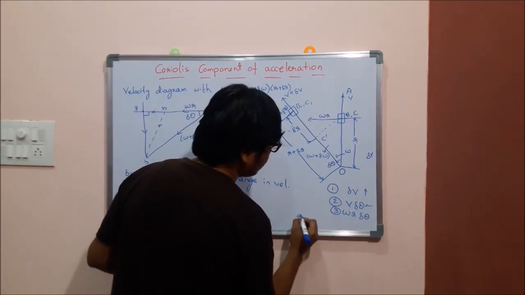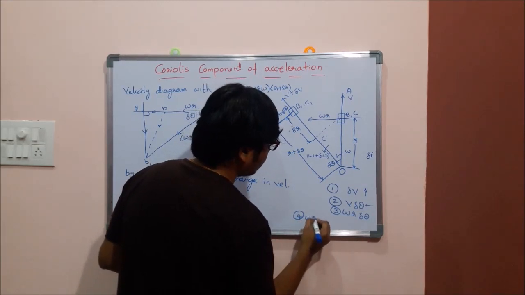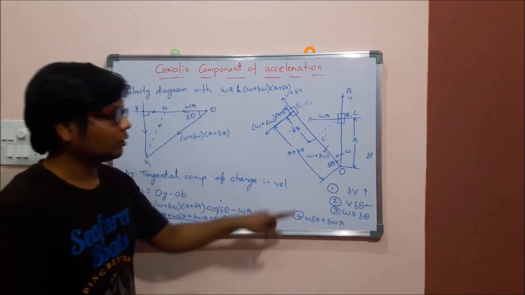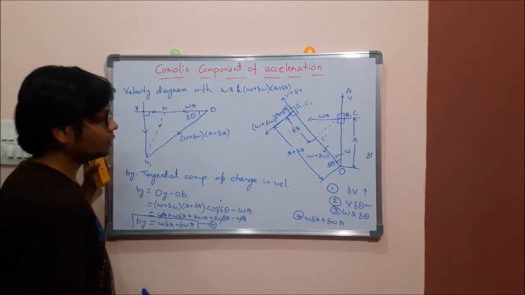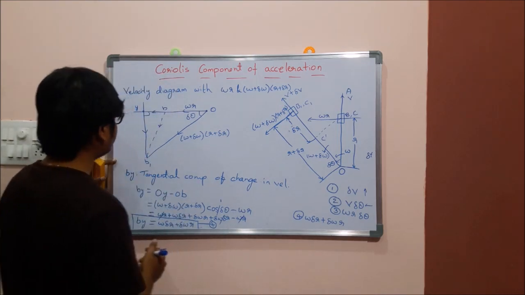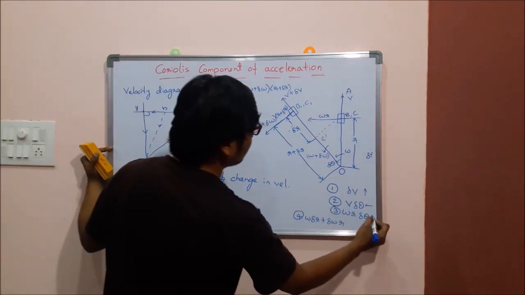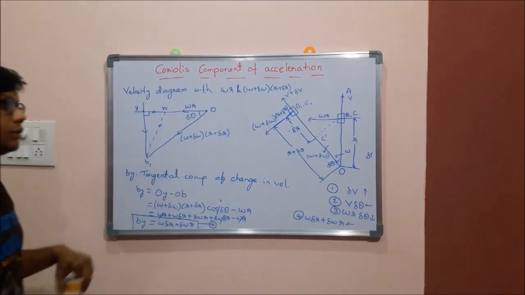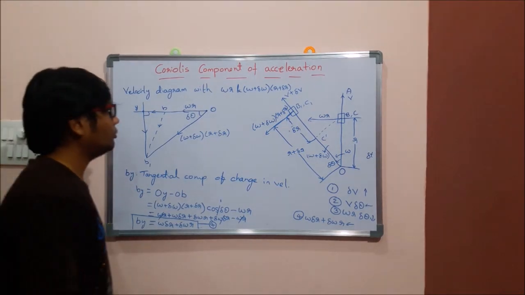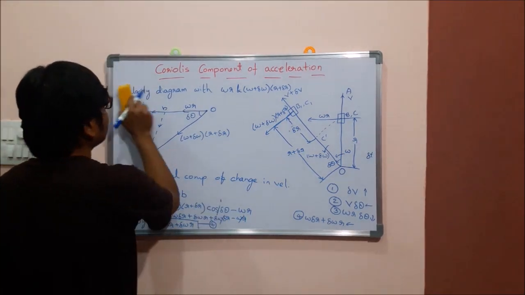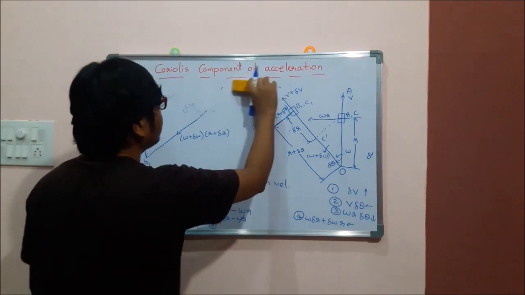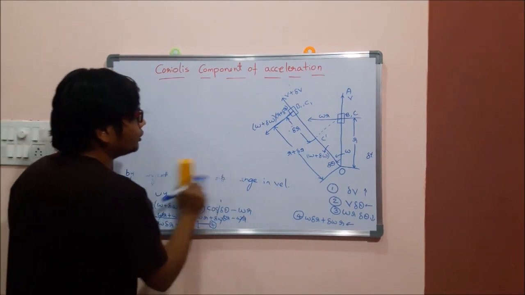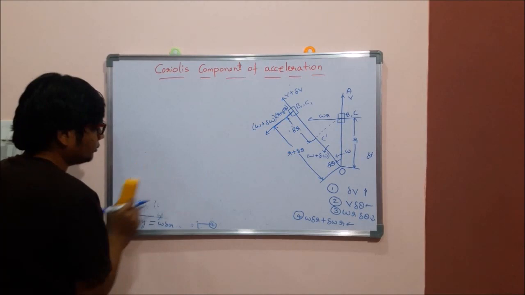The fourth equation is omega delta r plus delta omega r. When you consider the direction, this b1y is acting in the downward direction, and this one acts in the left hand side direction, which is the tangential component. Now we go for the total components. What is the final component we can consider? The final components of change in velocity we try to consider here.